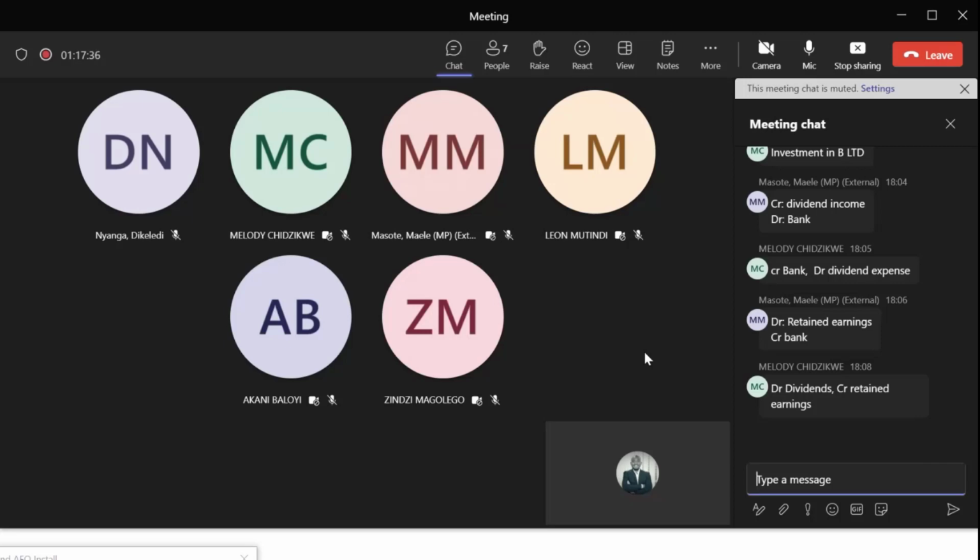What is the journal entry in the parent's own books? What is the journal entry for a loan? Debit what, credit what? Akani, I'm giving a loan to my subsidiary. What is the entry that the parent company will pass because they've given a loan?